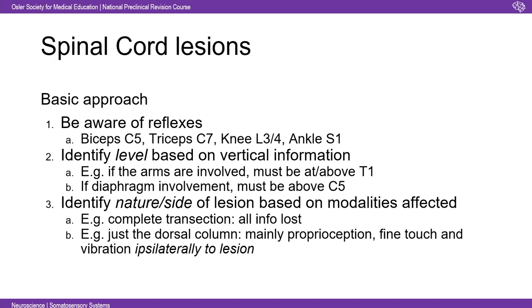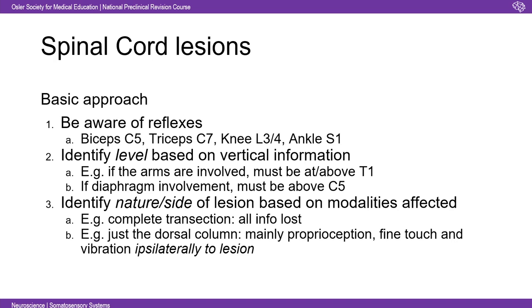So if you're presented with a question about a spinal cord lesion, the basic approach can be to characterize where the lesion is. First, to be aware of the reflexes. So biceps reflex C5, triceps C7, knee L2, 3 and 4, the ankle S1. And if they're still functional, it gives you some idea of the preservation of at least that bit of spinal cord.